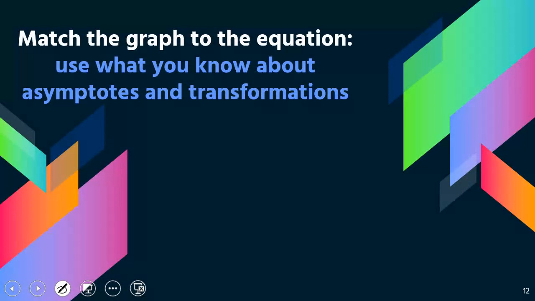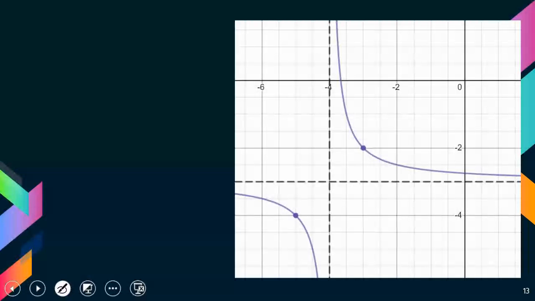Now, the last thing we need to be able to do is match the graph to the equation. And this is just use what you know about the asymptotes specifically and about the movements, okay? So looking at this graph, I can see that my asymptotes have moved to the left 4 and down 3. So I'm just going to write this. I've moved left 4.